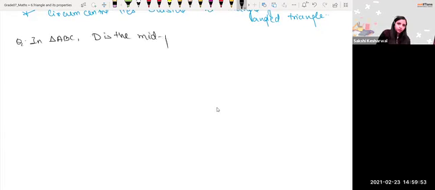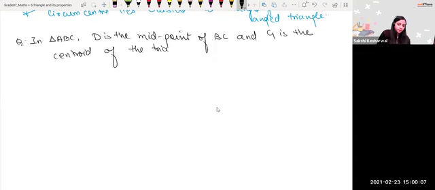D is the midpoint of BC and G is the centroid of the triangle, right? If GD is equal to 2 centimeter, then the length of AD is what?